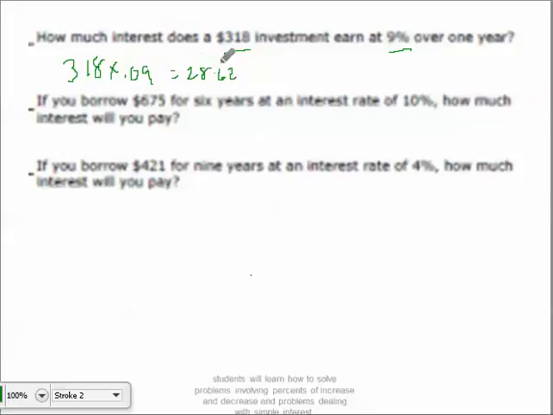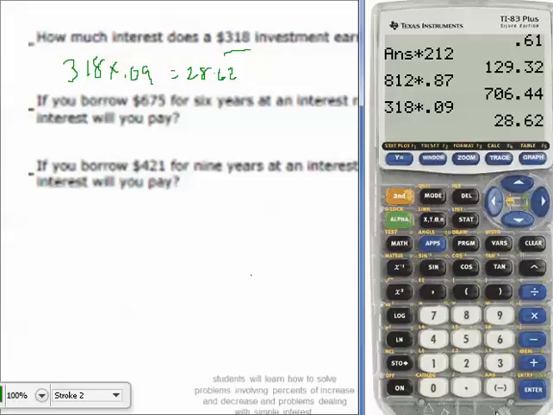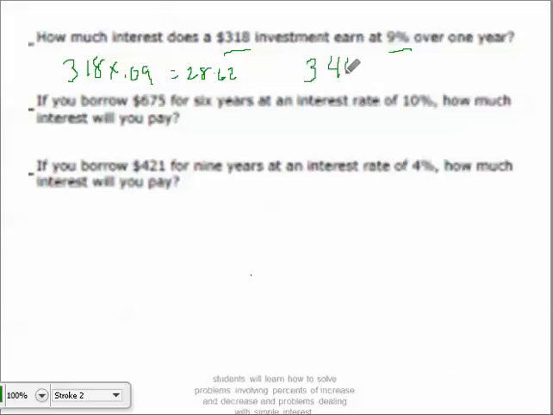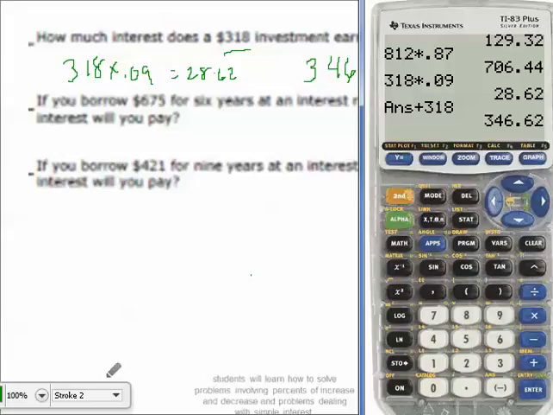So is my $318 only worth this number right here? No, you've got to add it on. So I need to add to that the $318 to get a total of $346.62.